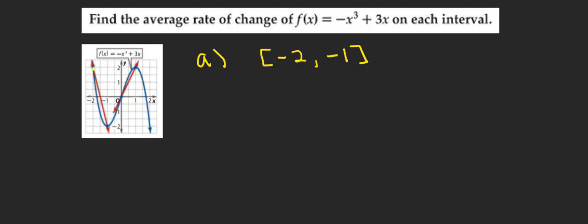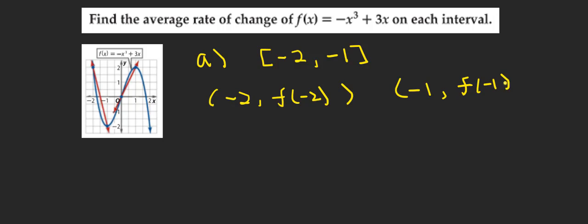Here's a point on negative 2, here's a point on negative 1, so this is a secant line that goes through it. What will be the slope of this secant line? So we need 2 points: negative 2, comma, f of negative 2, and negative 1, comma, f of negative 1.